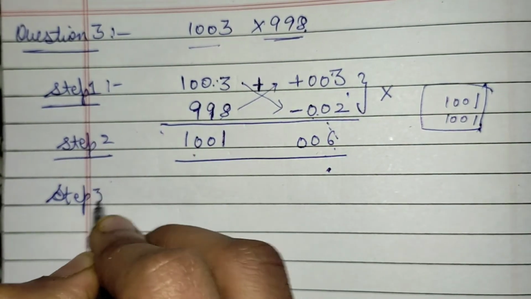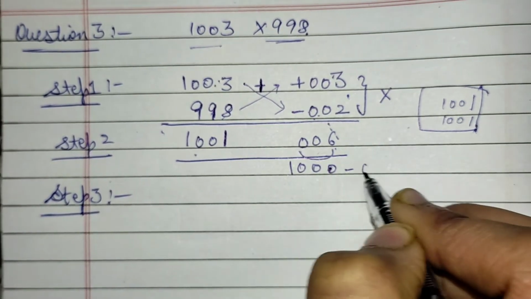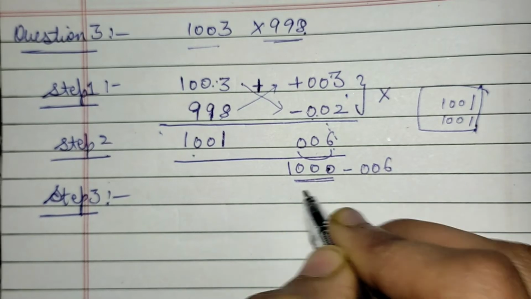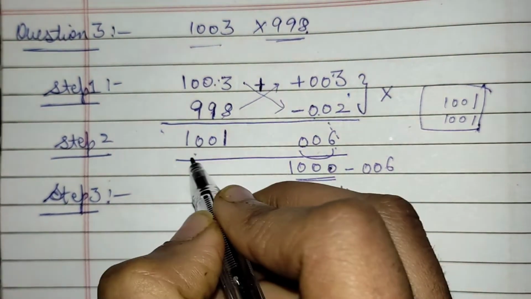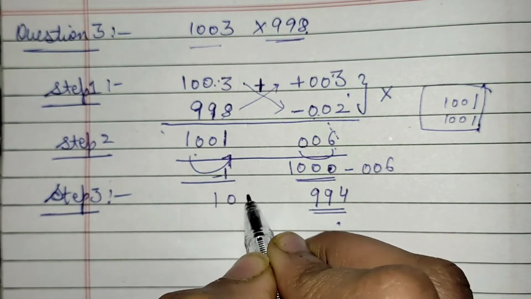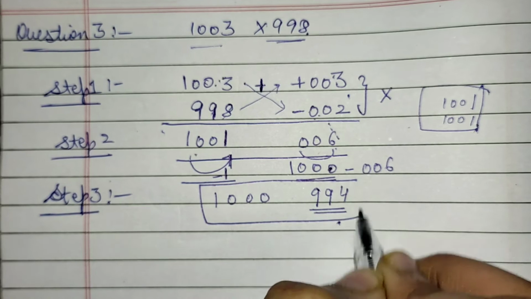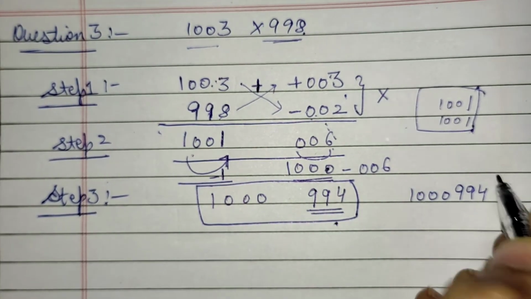And my step number 3 is what? I will subtract this value from my base value, which is 1000. So I will get 994, and I will subtract 1 from this value. That means I will get 1000.